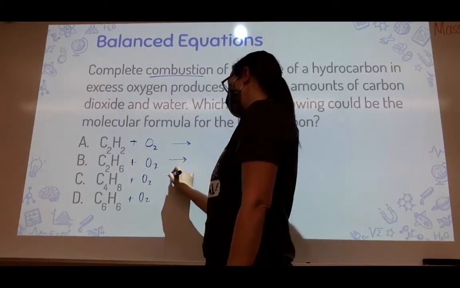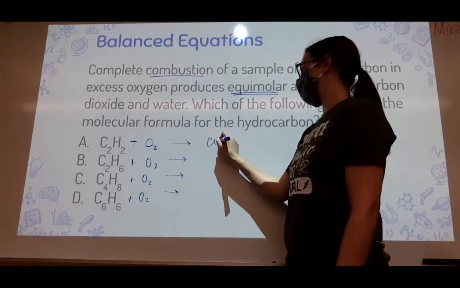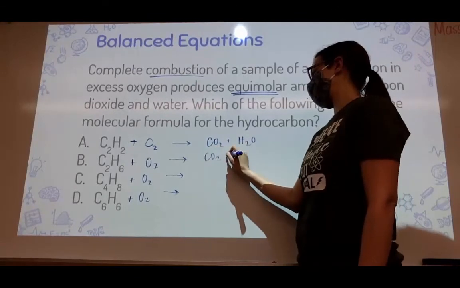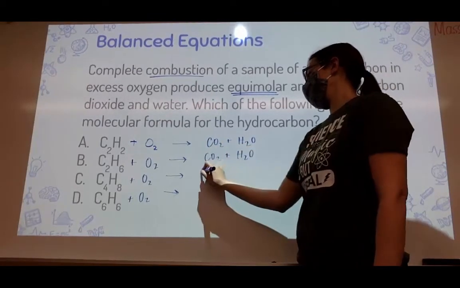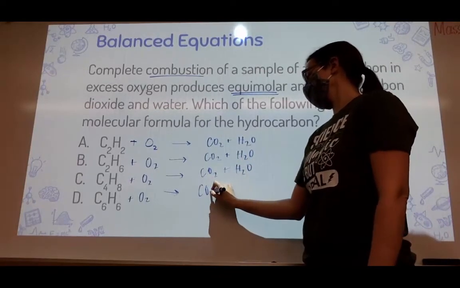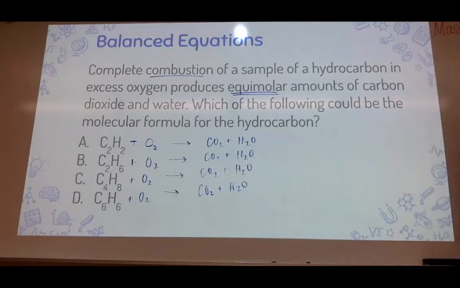And it even tells us the products: carbon dioxide and water. Now it's just a matter of balancing. I'm going to show you a trick for balancing combustion reactions: put a 2 in front of the hydrocarbon.